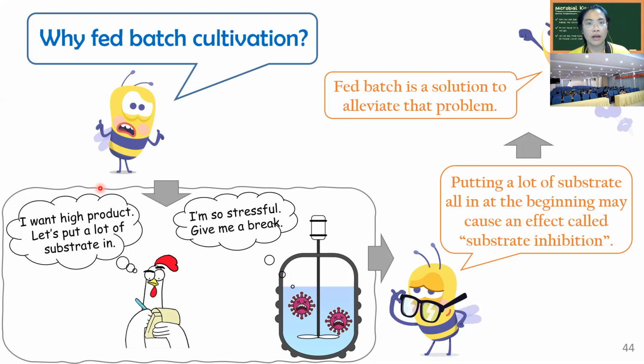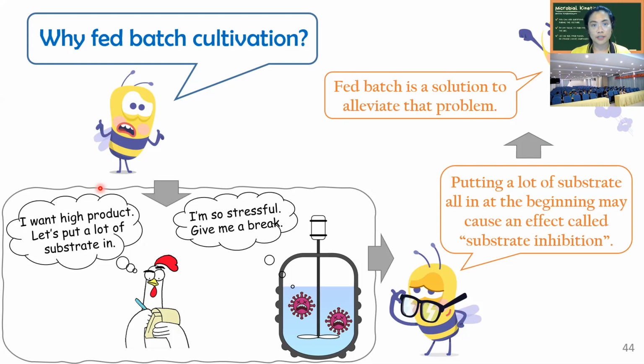If you know the cell's kinetics, the microbial kinetics, and if you know that a very high substrate could inhibit the growth of the cells, you know that putting too much substrate in will put a lot of stress into the cell. Okay, especially something like what we call a substrate inhibition.